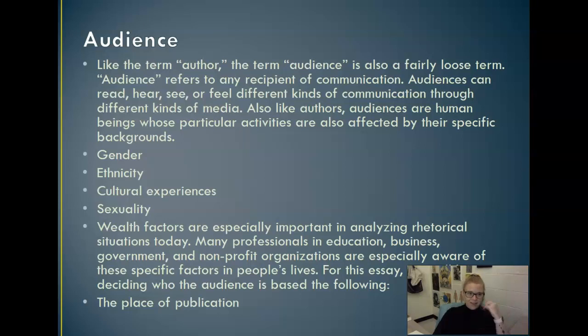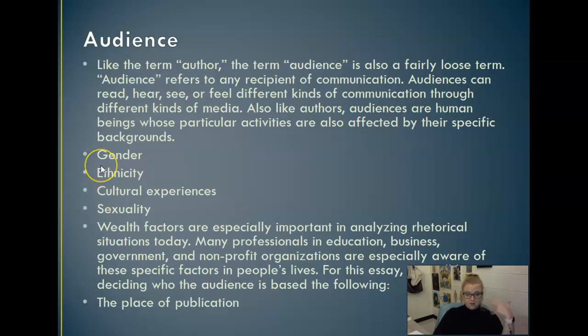This one's harder: the audience. That's what I said about how we could look deeper at the audience for Martin Luther King's I Have a Dream. There's a couple things. It's a loose term, and it refers to whoever's receiving the information. But think about this: even though there are many kinds of people who could receive the information, most of the time the author has a specific audience in mind. There are many things that can affect that audience.